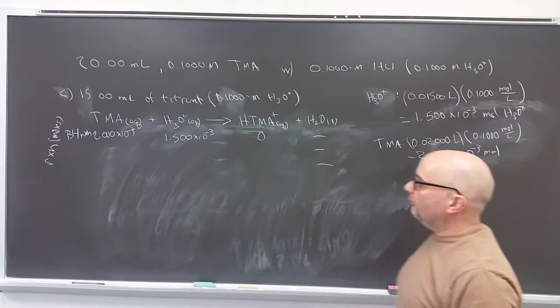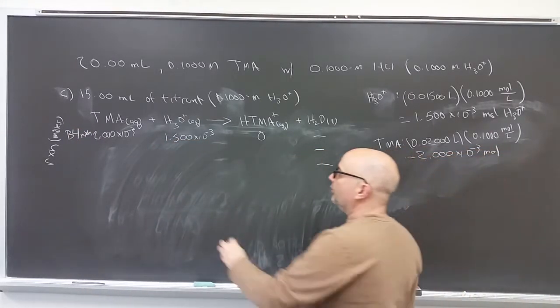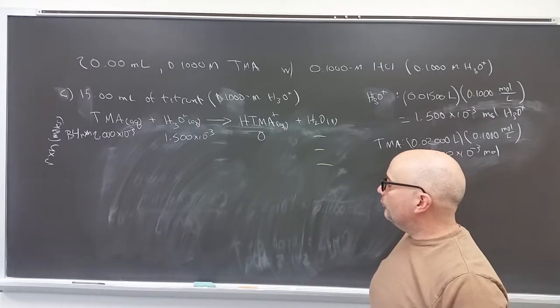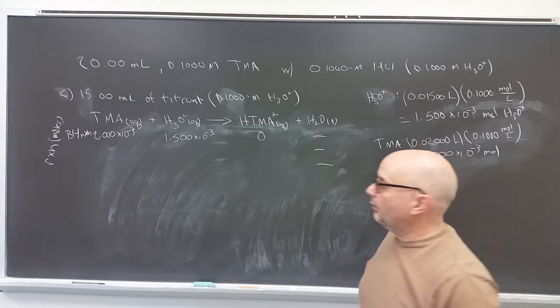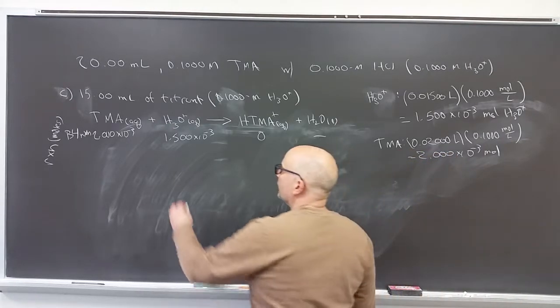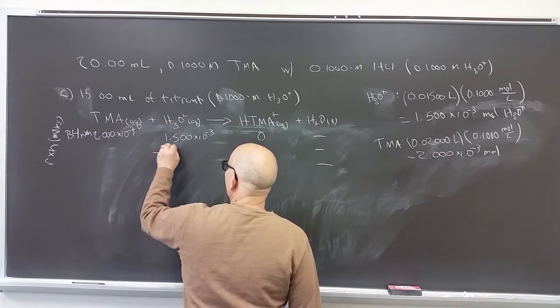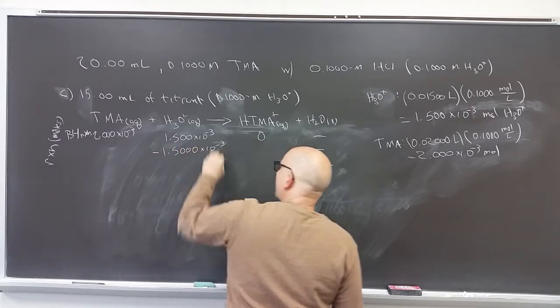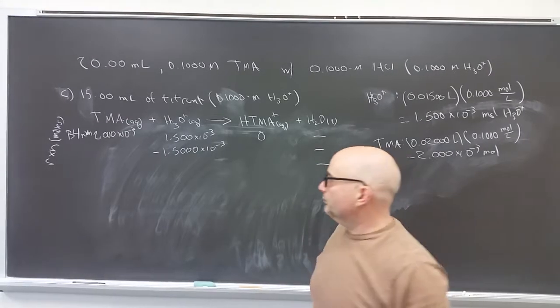So looking at these numbers, everything reacts 1 to 1. This is still not enough hydronium to react with all of the trimethylamine. So you can assume that we're going to react all of that away. It's going to be the limiting reactant. So we expect to lose that whole 1.5 millimoles of hydronium.